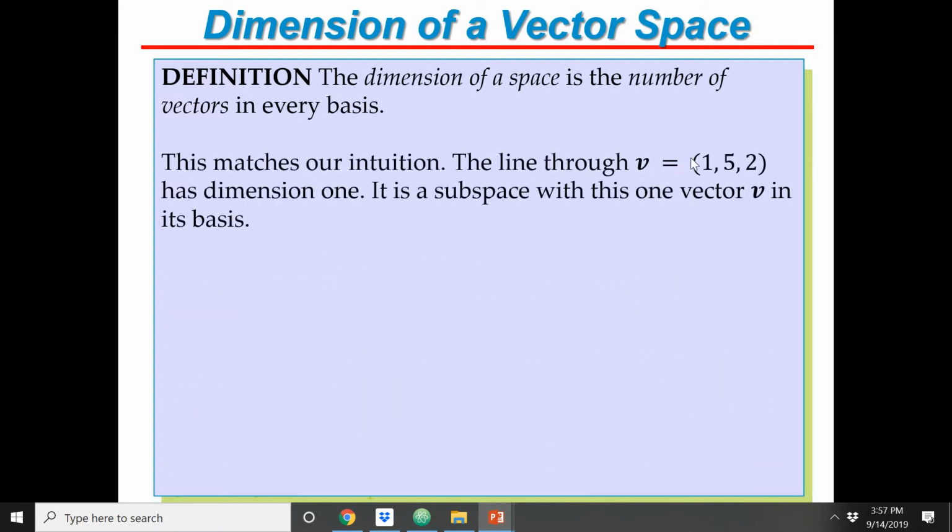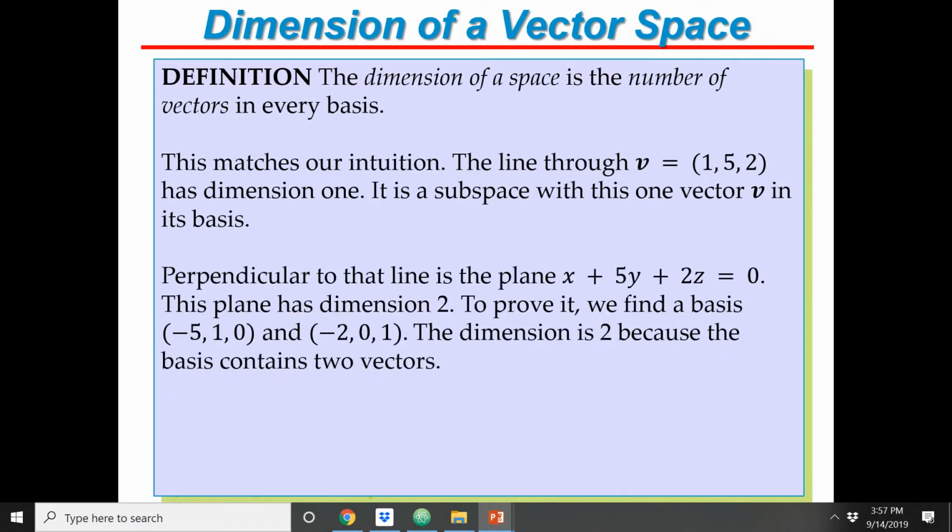So if you take a line in R cube through the direction 1, 5, 2, then looking at that line as a subspace of R cube, it has dimensionality 1, because the vector v generates any other vector by multiplying it with a constant. If you take a plane, x plus 5y plus 2z is equal to 0, this plane is a subspace in R cube, and it's a two-dimensional subspace.